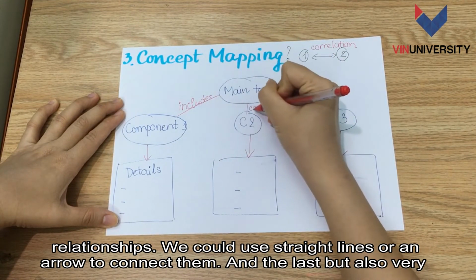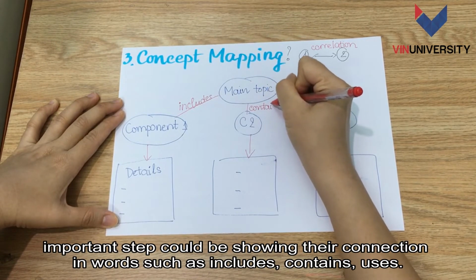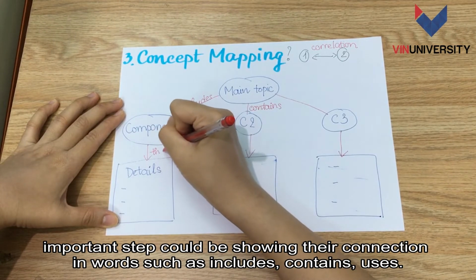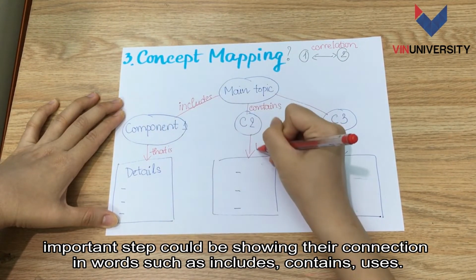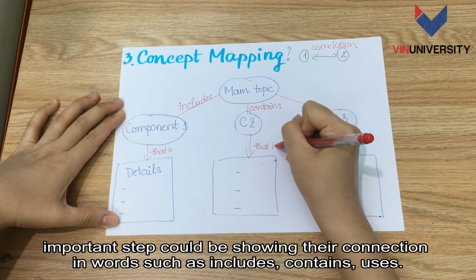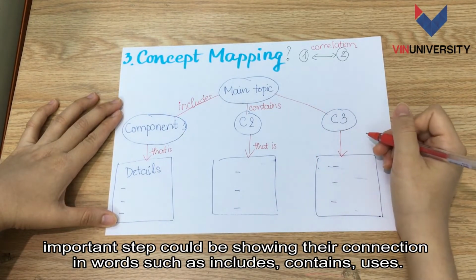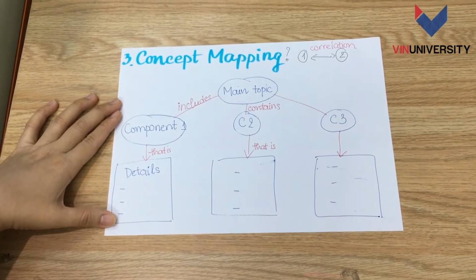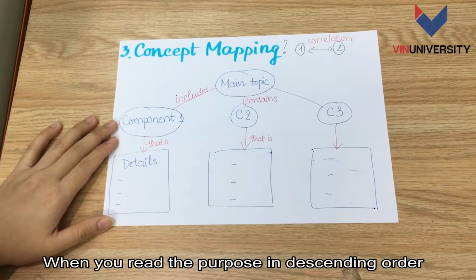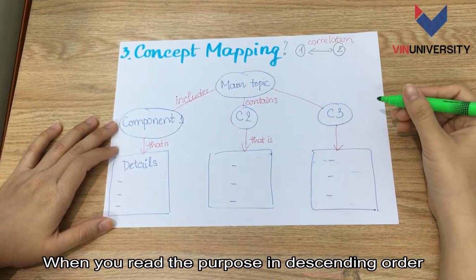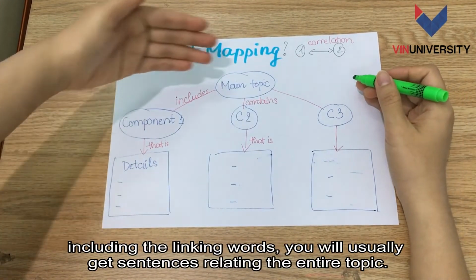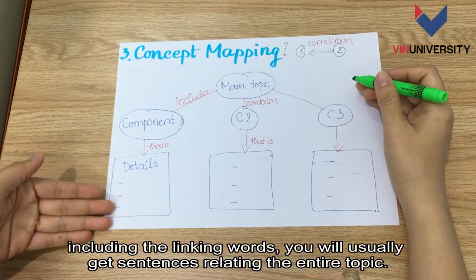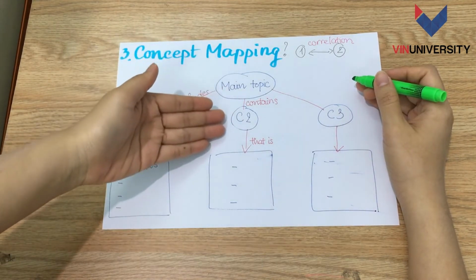And the last but also very important step is showing their connections in words, such as includes, contains, uses, that. When you read the nodes in descending order, including the linking words, you will usually get sentences relating to the entire topic.